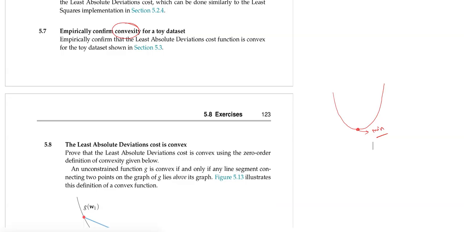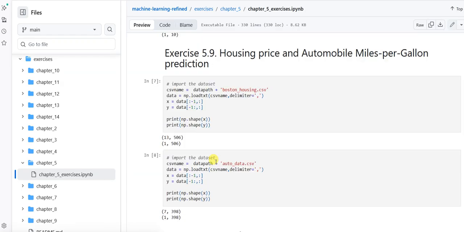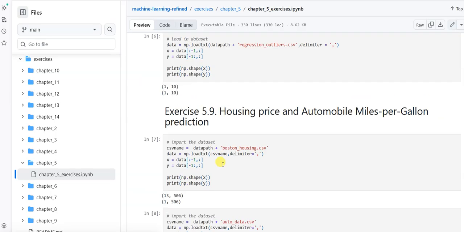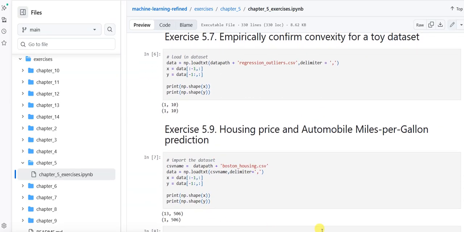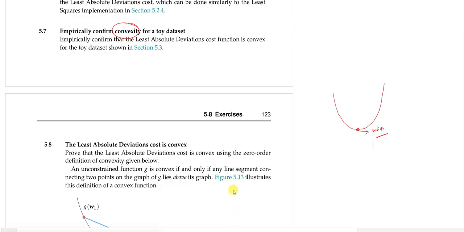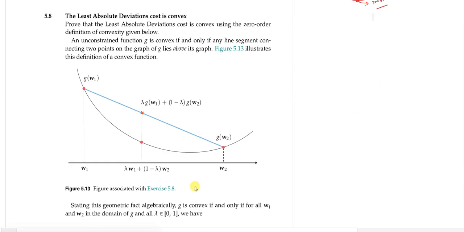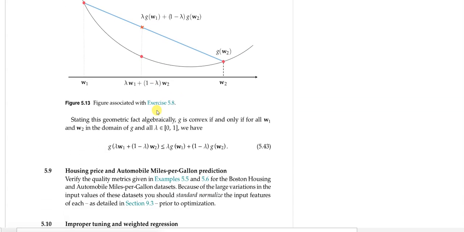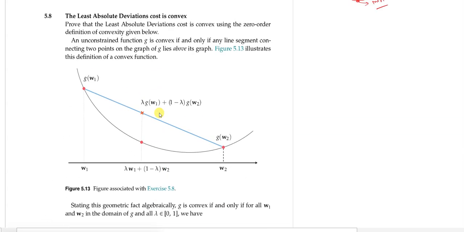And here 5.9. Okay, 5.8. What is the 5.8 here? Where is this? Okay. The least absolute deviation cost is convex. Proof. Here for two points W1, W2, the relation is given here.